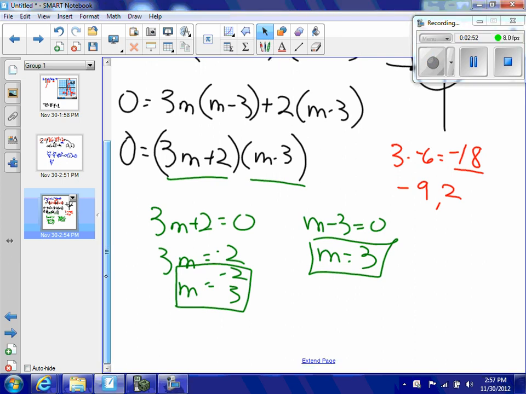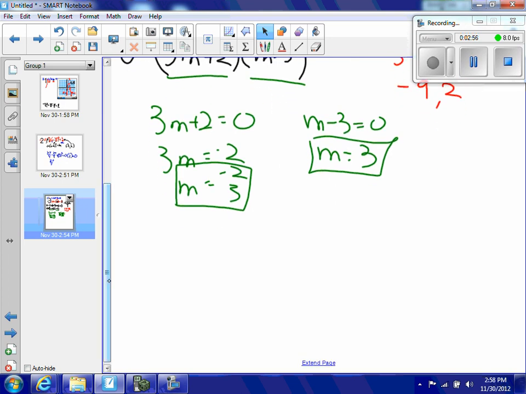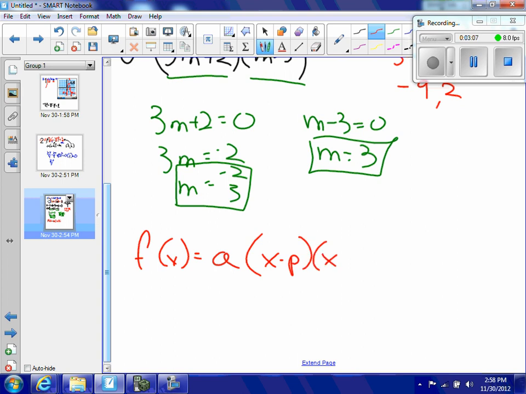Well, now that I know my two solutions, it's pretty easy to write this in intercept form. This intercept form, f of x is equal to a times x minus p, x minus q.